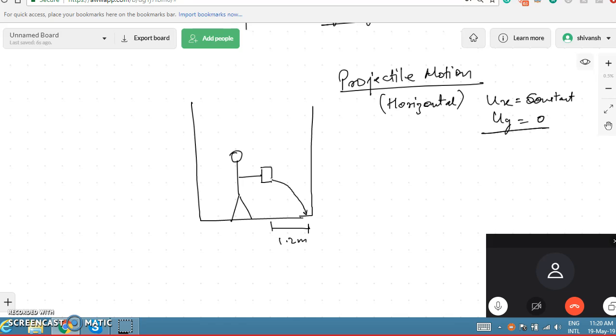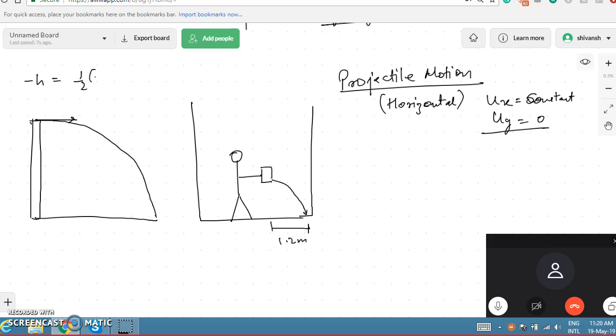You remember that in projectile motion, if I were to stand on top of a tower and then throw a ball like this, it will follow a curved path and land like this, and the equation you will observe is minus h is equal to half into minus g t square.